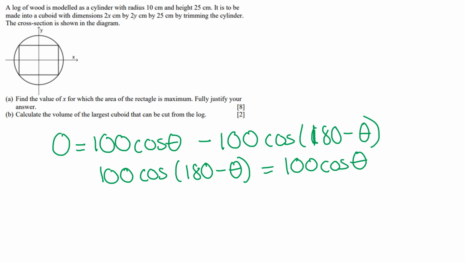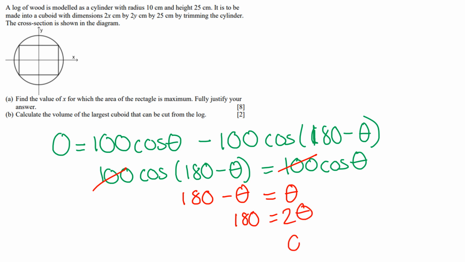So we can divide through by 100 and inverse cos both sides, and you'll end up with 180 minus theta equals theta. Take the theta over, so we've got 180 equals 2 thetas, so theta must be 90 when the area is maximum. So theta equals 90.